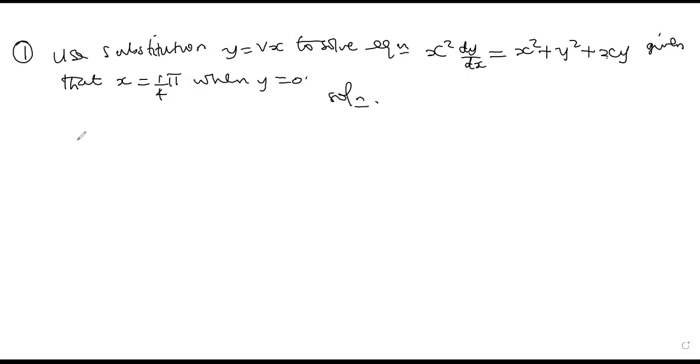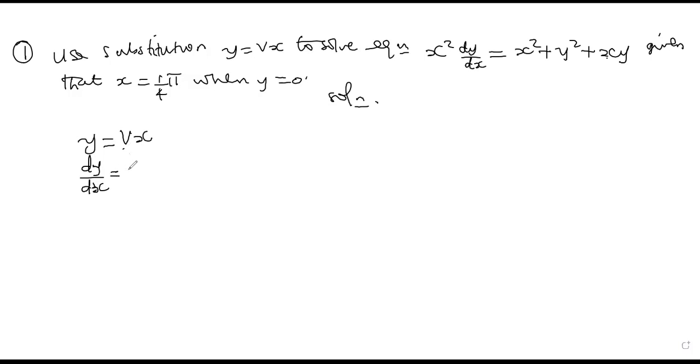After having known that the equation is homogeneous, they say to use y equals vx. So we shall say y equals vx. We need to know what dy/dx is equal to. Since this is a product of two quantities, v and x, we shall use the product rule.